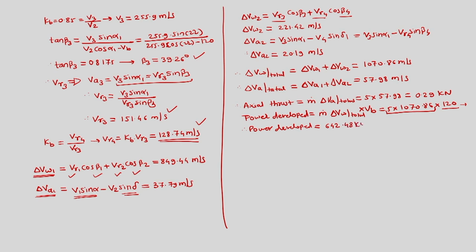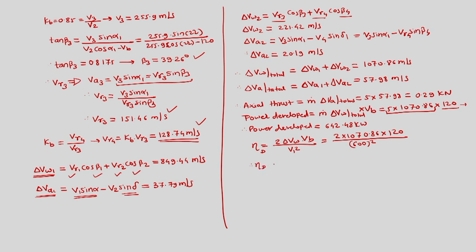642.48 kilowatt. We know diagram efficiency is equal to 2 delta VW into VB divided by V1 square. So we have 2 into 1070.86 into 120 divided by 600 square.